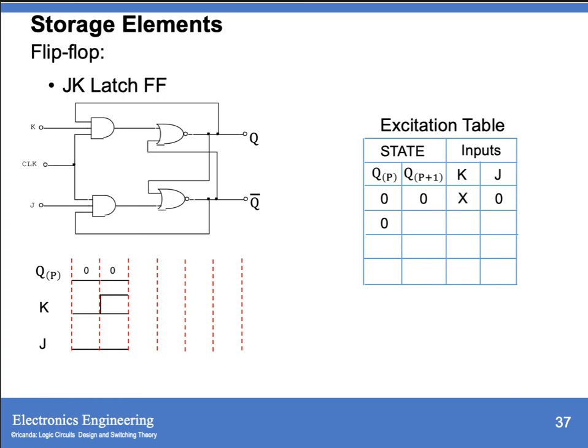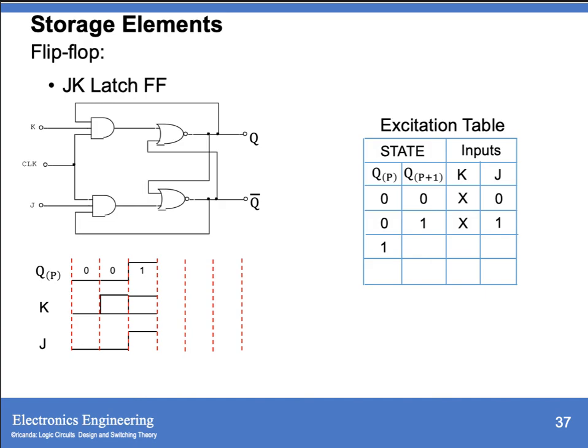If it is 0 to 1, so we have to make your J equals to 1 and your K equals to 0, or we have to make your K equals to 1, because if both J and K equals to 1, you have an output of toggle. So previous output is 0, it will toggle to 1.